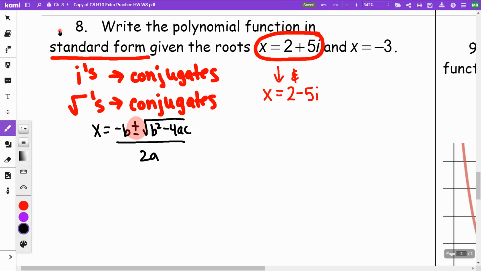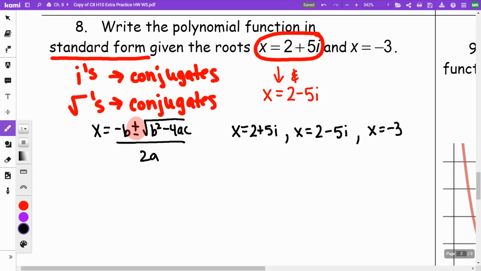So if I'm looking at my roots, I have a 2 plus 5i. I now know that I have a 2 minus 5i also because those i's always come in pairs, conjugates, and I have an x equals -3. So this is going to be degree 3.